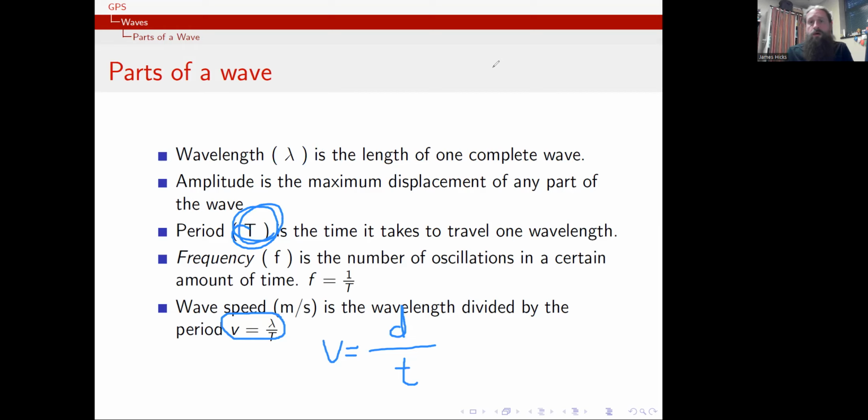So I can use my speed equation from chapter 2 and rewrite it in terms of wavelength and period. Or, since 1 over period is frequency, you can also write this as frequency times wavelength. Another way of writing the wave speed equation.